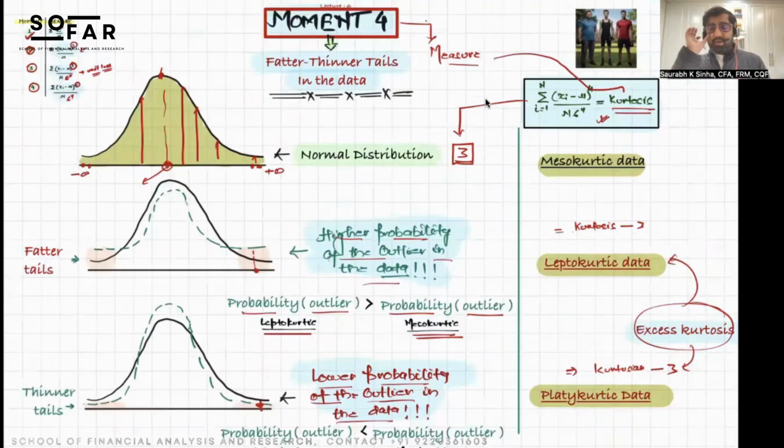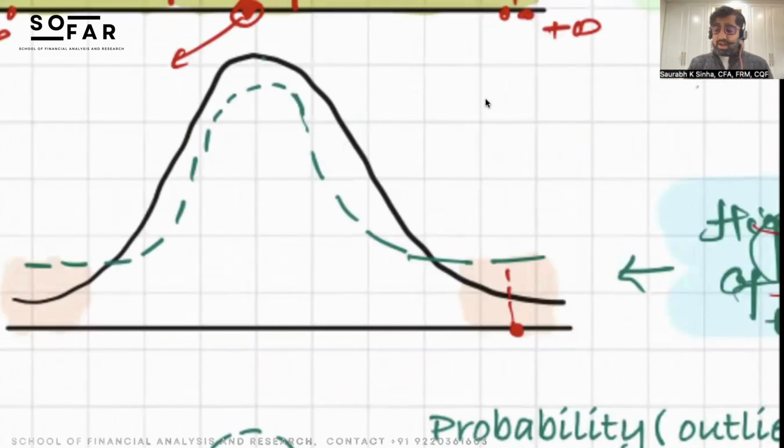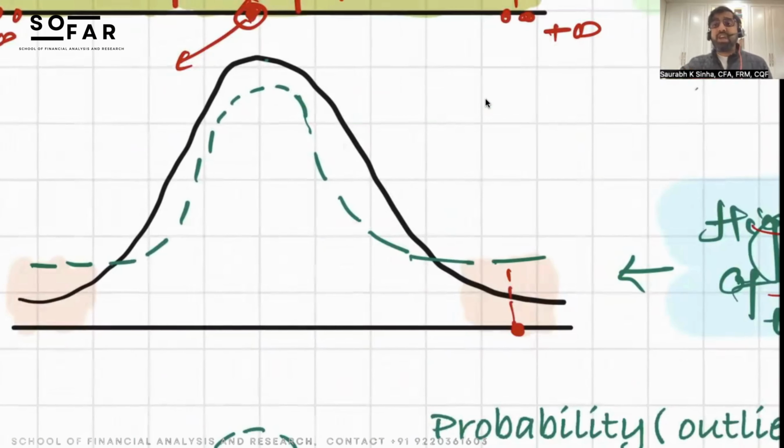If you want to connect it to economics, assume a developed country where the positive and negative returns of the stock price are normally distributed. But if it is a developing country, then the probability of extreme positive and extreme negative returns is higher than in the developed country.